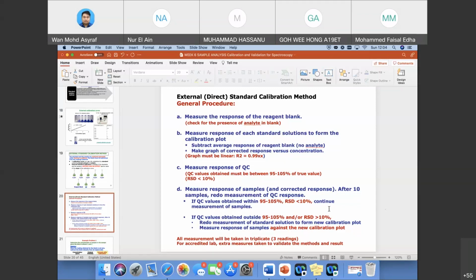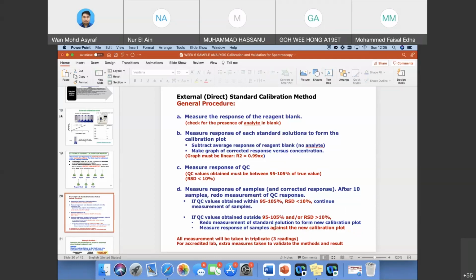If it is more than 10%, or less than 95 or more than 105, that means your calibration curve doesn't work anymore, because the instrument itself has its own deviation. When we have used the instrument so many times, sometimes it creates a deviation. So you need to do your calibration curve again.